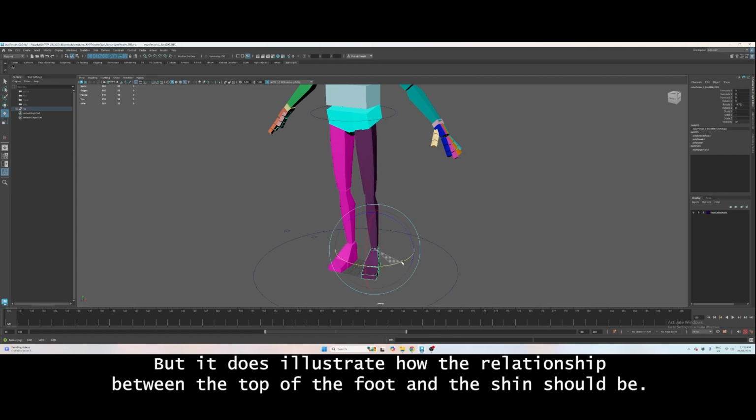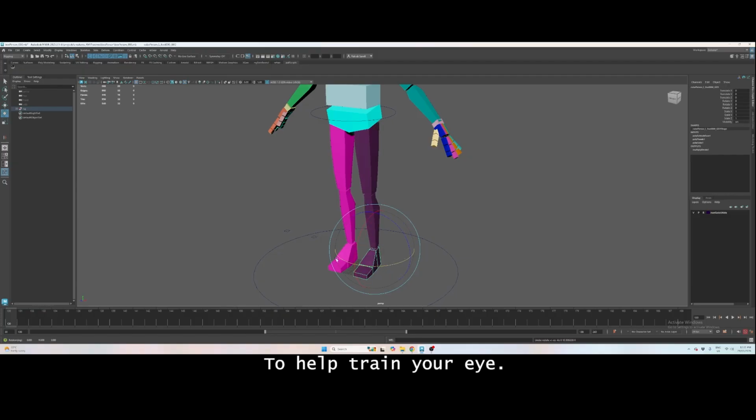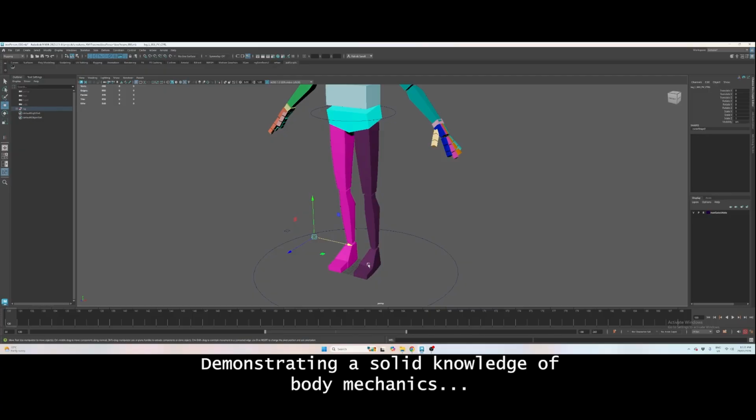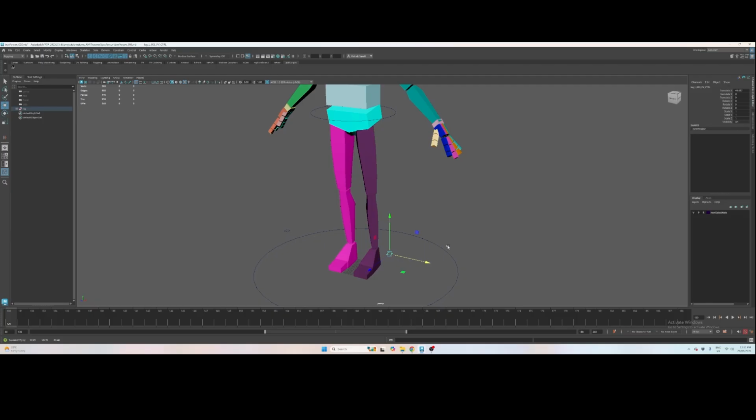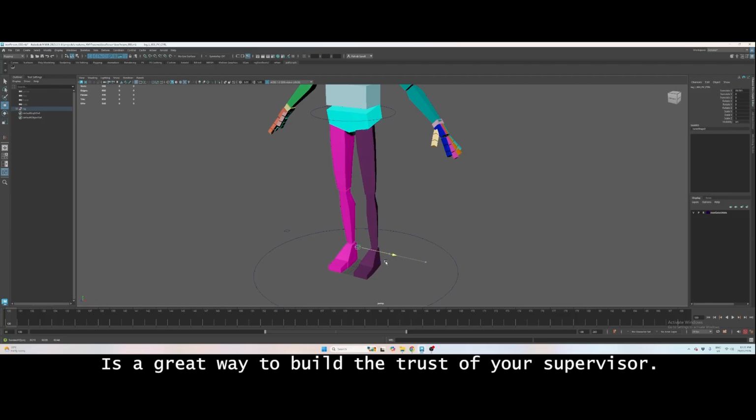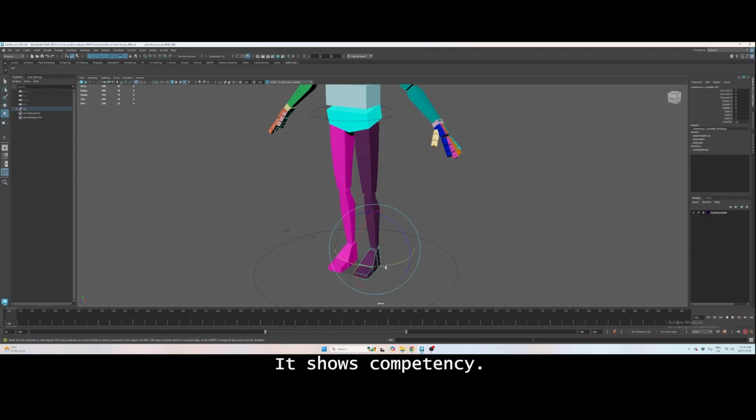But for that reason, it's very easy for people to forget that basically the shin here almost always lines up with the top of the foot. So you very rarely have this kind of a situation where the foot's pointing in a completely different direction to the shin.